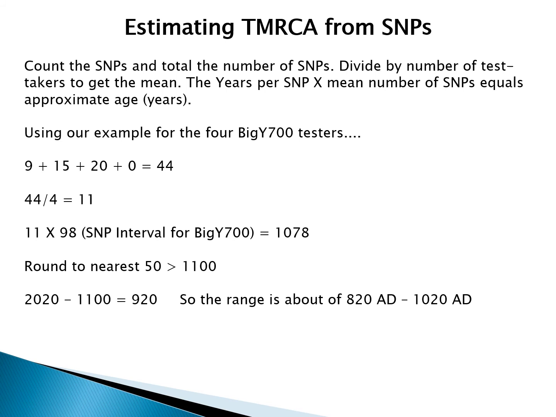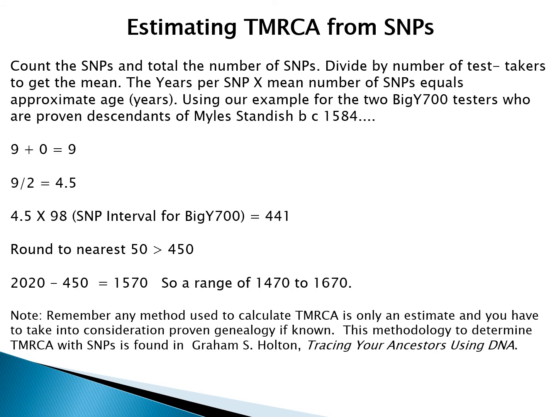In the next slide, we'll do an estimate using SNPs for only the 2 Miles Standish males. We know they are closely related, both from a genetic and a genealogical standpoint. The two Miles Standish males had 9 non-matching variants. Using the same calculation for these two individuals, we have an estimate of 1570 AD and a range of 1470 AD to 1670 AD.